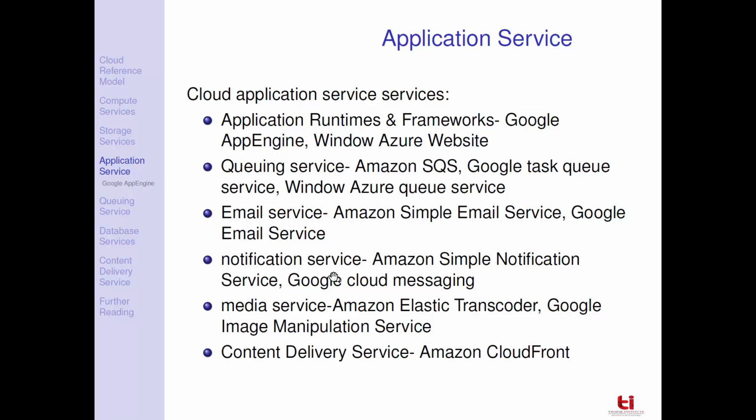Examples of notification service are Amazon Simple Notification Service and Google Cloud Messaging. Then media service, which is Amazon Elastic Transcoder, Google Image Manipulation Service, and then content delivery service, which is Amazon CloudFront.